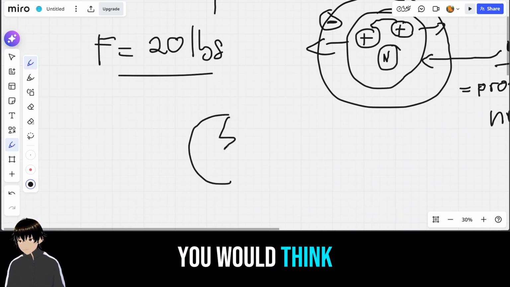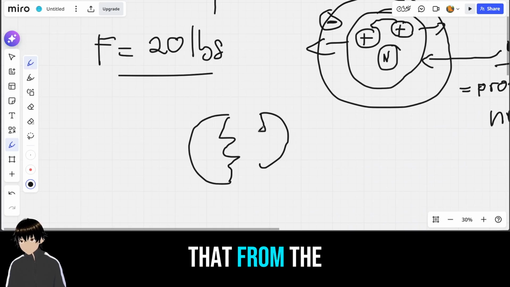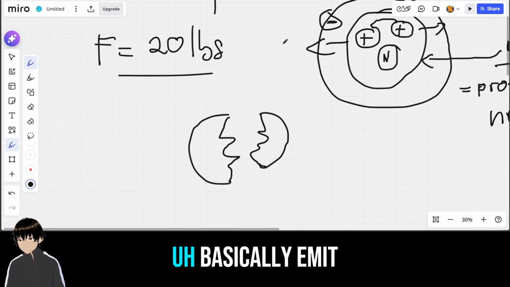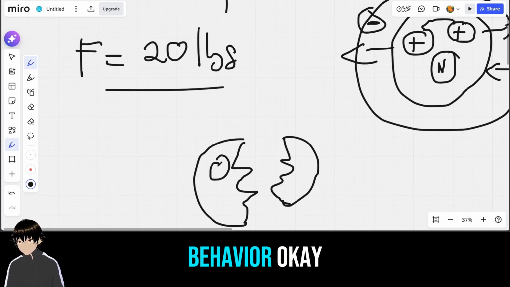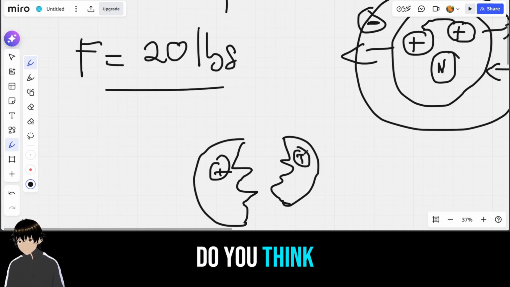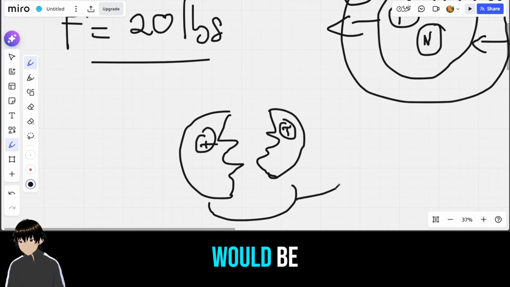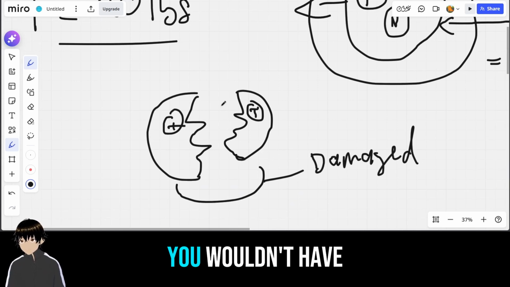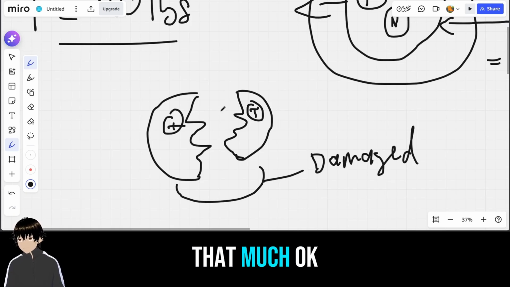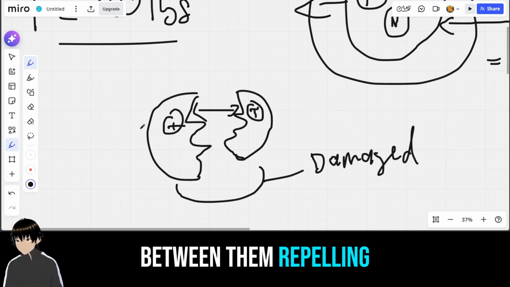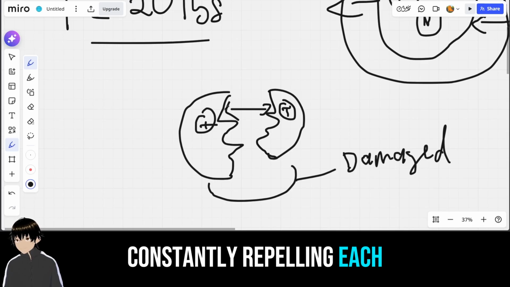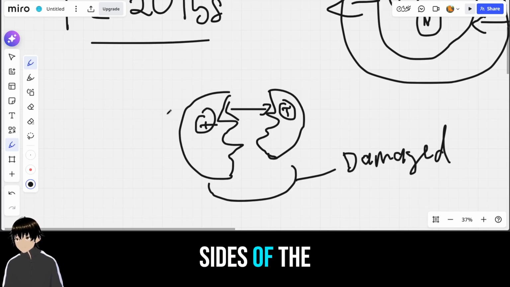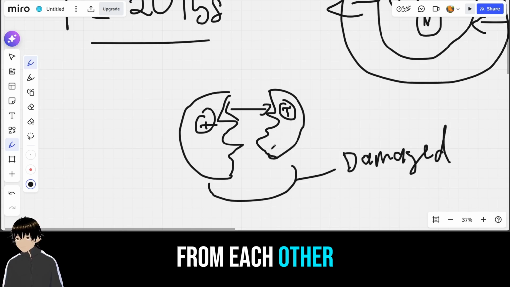You would think that from the force they emit from that repelling behavior, the nucleus would be in some ways damaged or even destroyed completely, because you wouldn't have that much force between them constantly repelling each other, going to both sides of the nucleus, trying to get as far away as they can from each other.